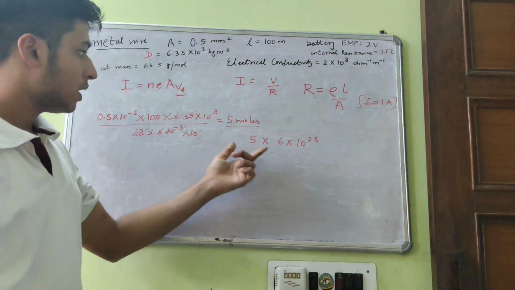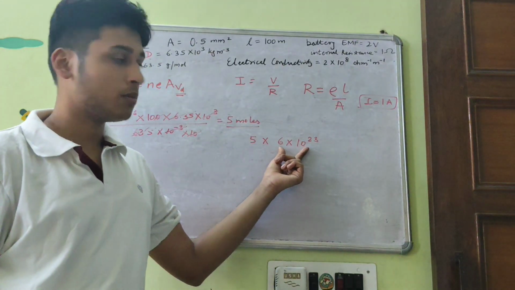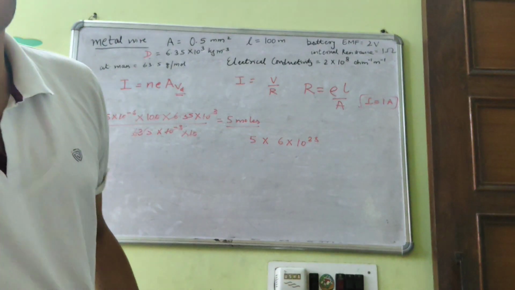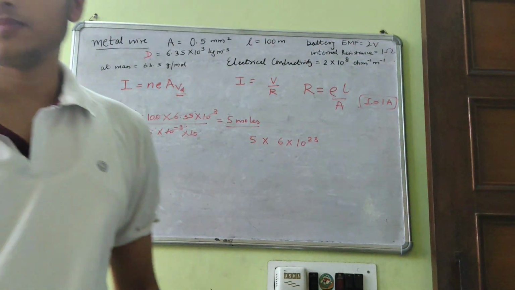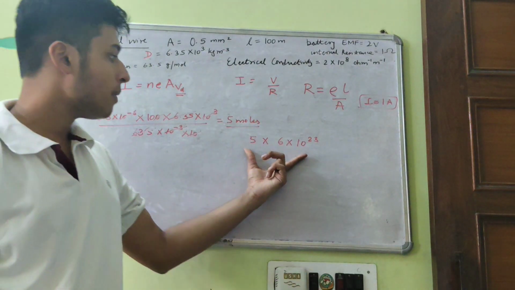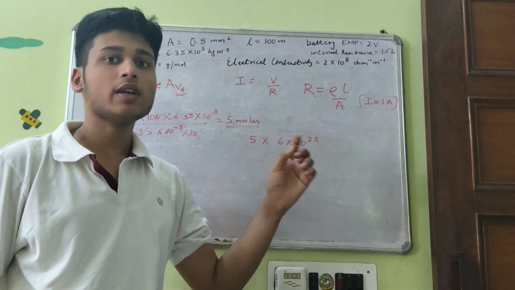Number of moles multiplied by the Avogadro's number. These are the total number of atoms. And in the question, it is given 1 conduction electron per atom of the metal. So these many atoms means these many electrons. So these are the total number of electrons in this wire.